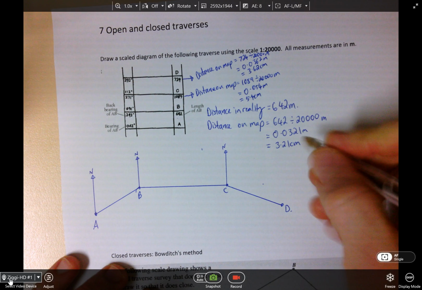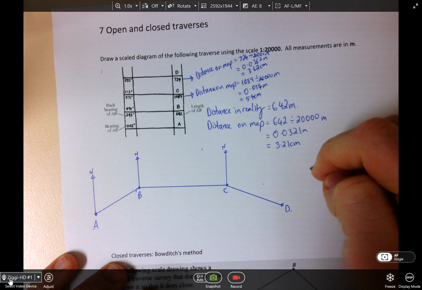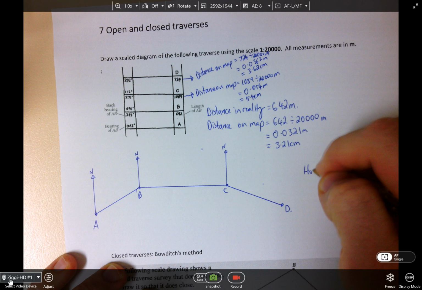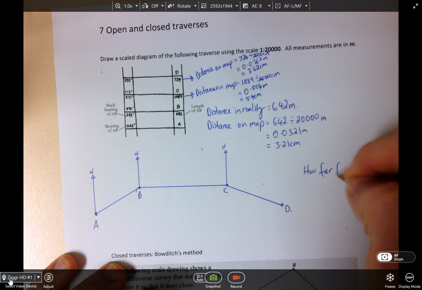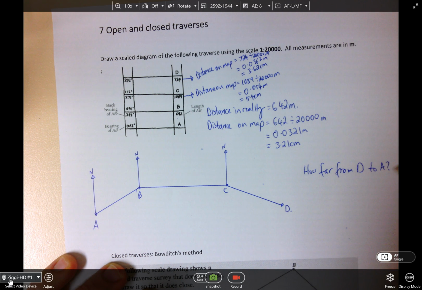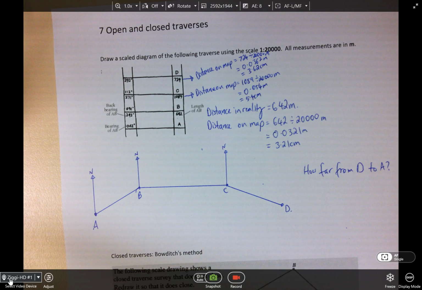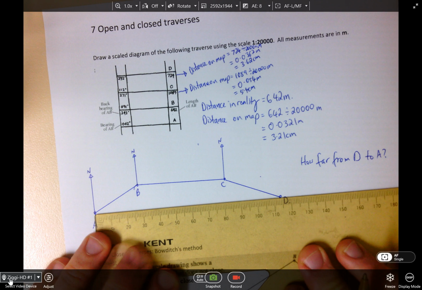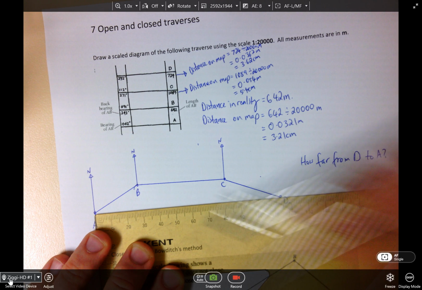Okay, if I ask some follow-up questions and I said, for example, how far from D to A, okay, I should be able to measure this distance from D to A. I might just draw a light line in pencil.